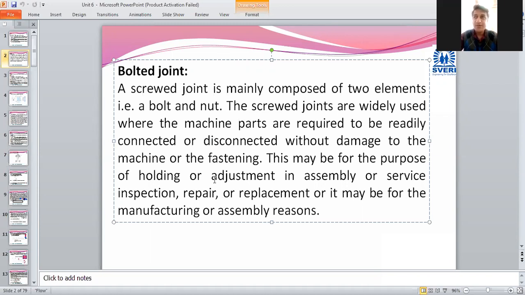Over there, you cannot make any changes. But in case of bolted joints, geometrical tolerance or geometrical adjustment can be done. Or sometimes for service inspection, repair, or replacement, you want to replace some parts from that assembly, then we prepare these bolted joints.